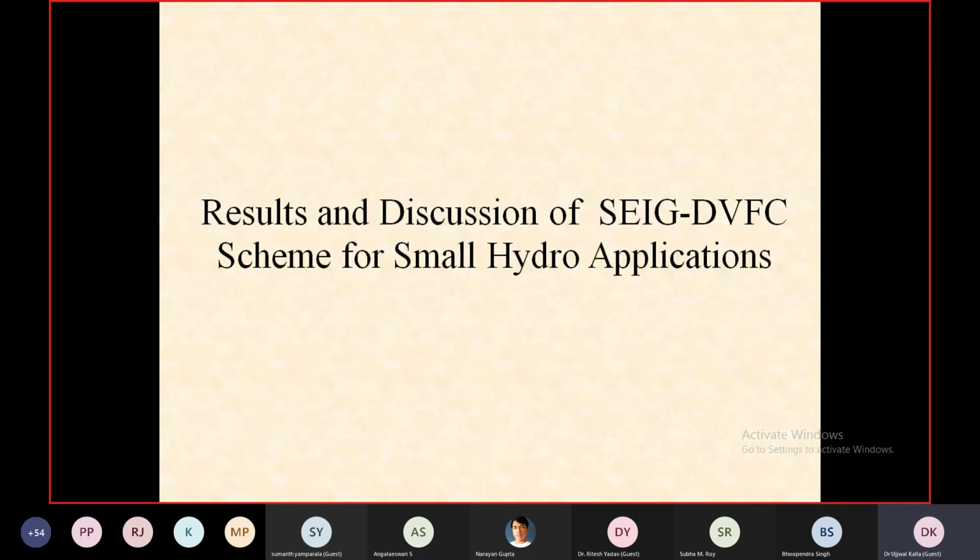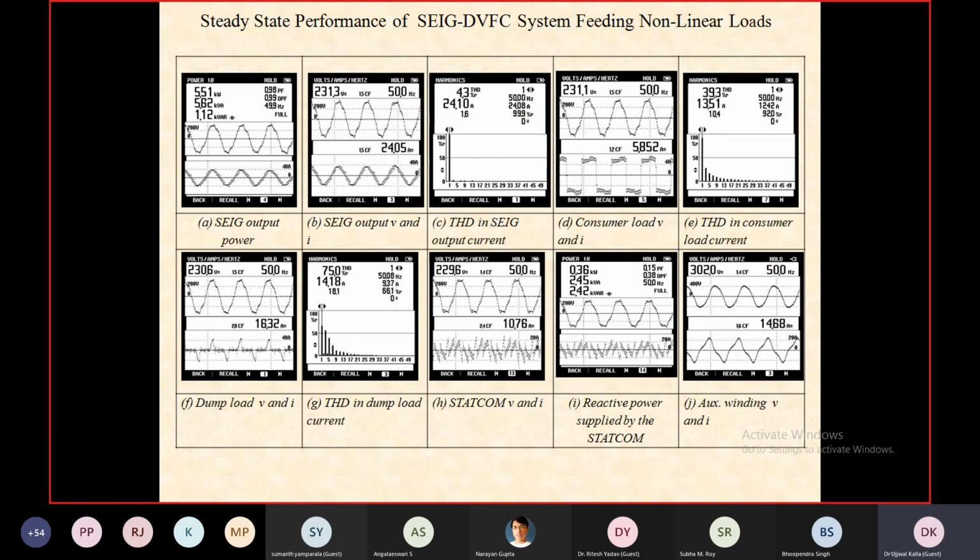This is the control algorithm, and these are the hardware experimental results. See, 5.5 kilowatt power has been generated at 24 ampere current. See the second result.